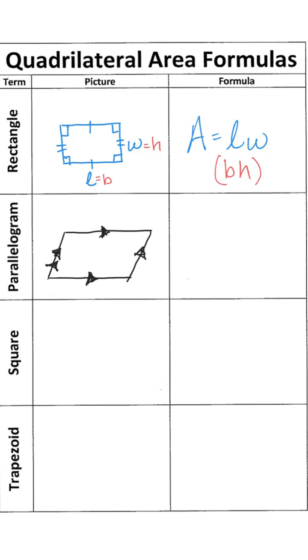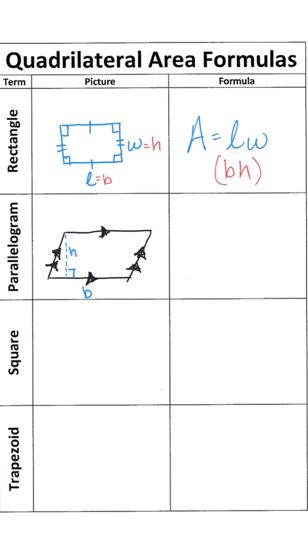Those two are parallel to each other. And then we can classify the height either inside, and again, they have to be perpendicular, making that 90-degree angle. So here's my height, and then this would be the base.